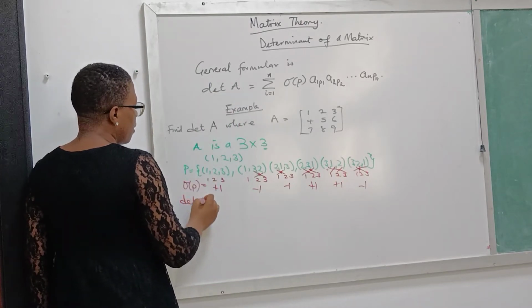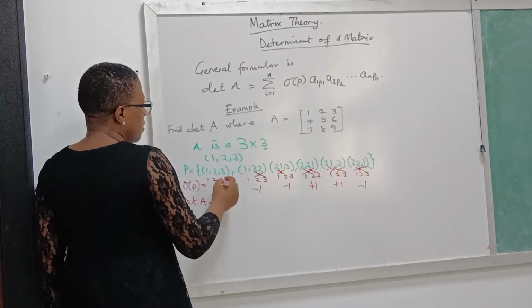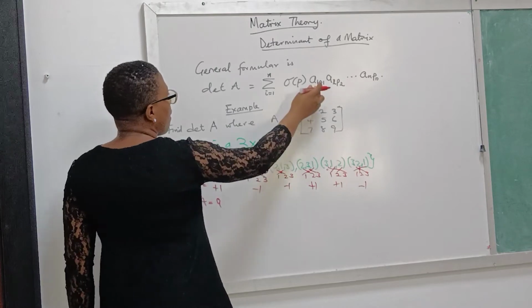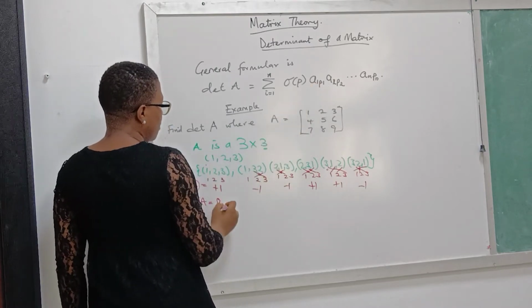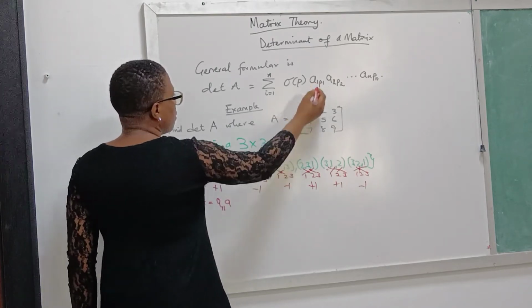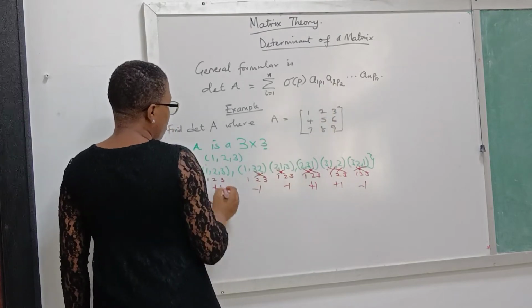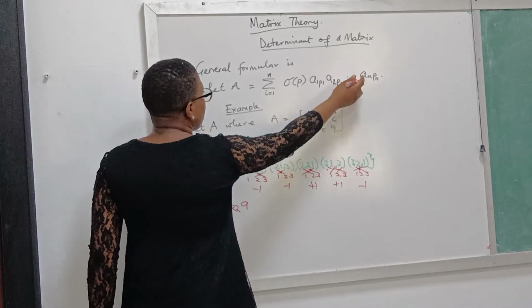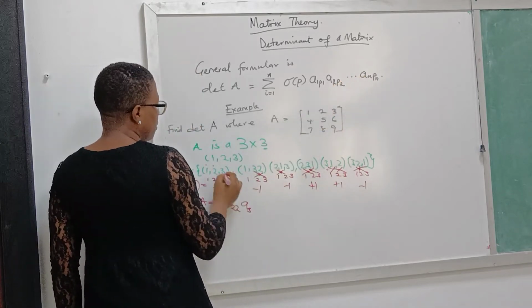Determinant of A is equal to plus A11, A22, A33, since n is 3.